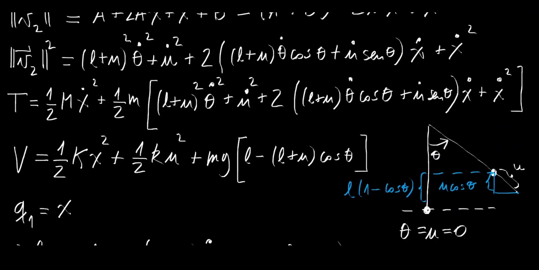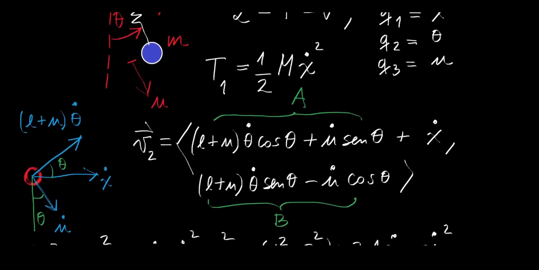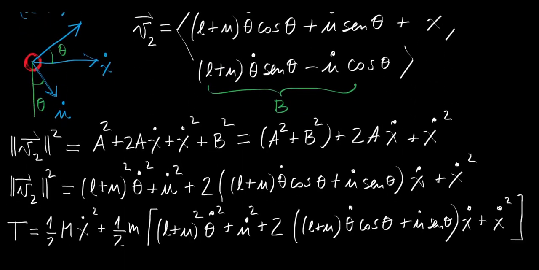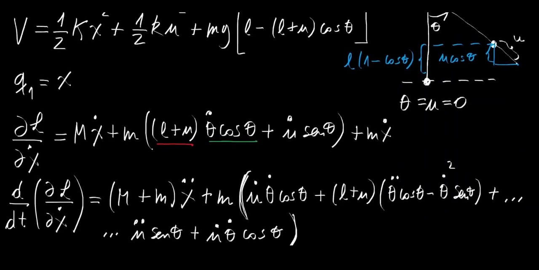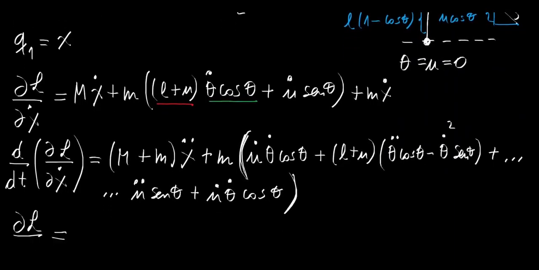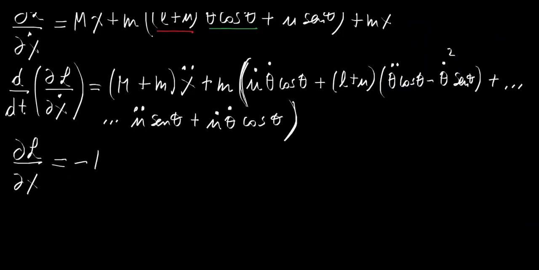The term x, where does the term x appear? Well, luckily for us, it does not appear in the kinetic energy, only in the potential energy. And do not forget that the Lagrangian is kinetic minus potential. So the derivative here will be, I have a minus sign. In this case, it's just minus kx.